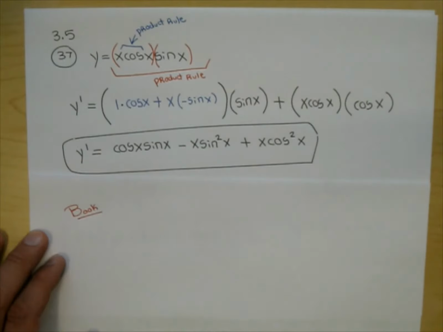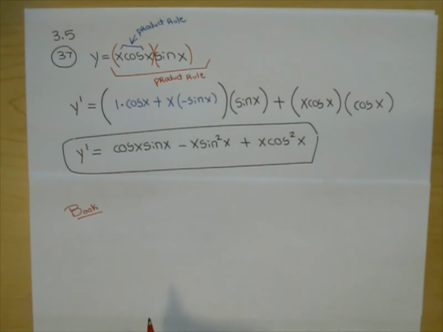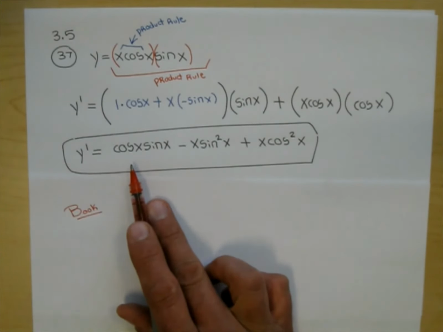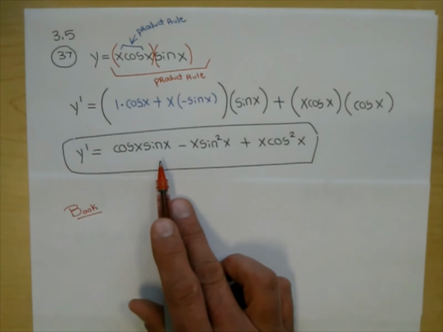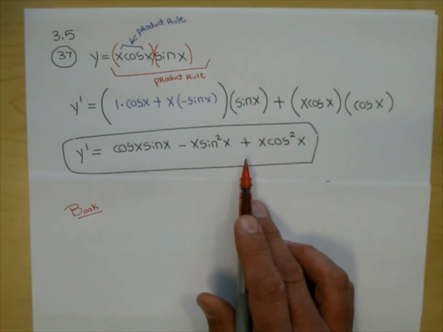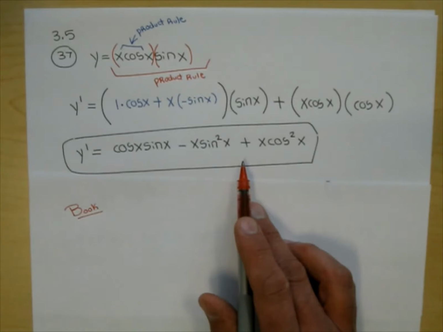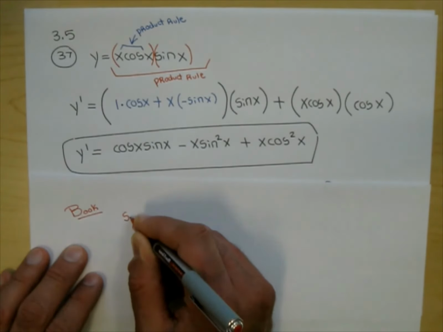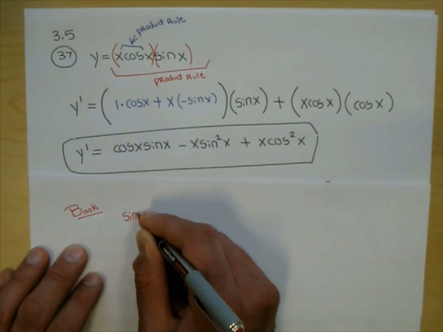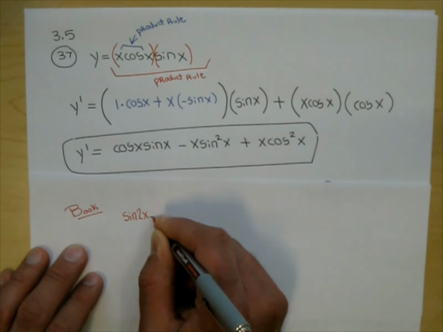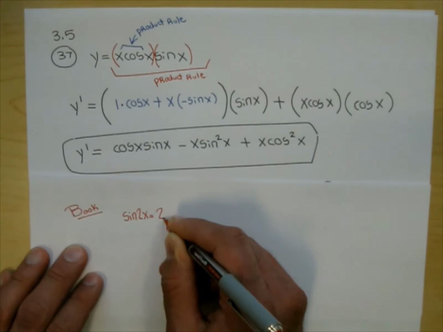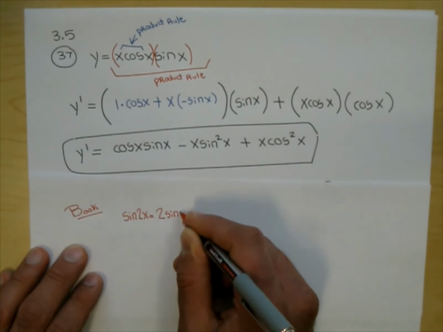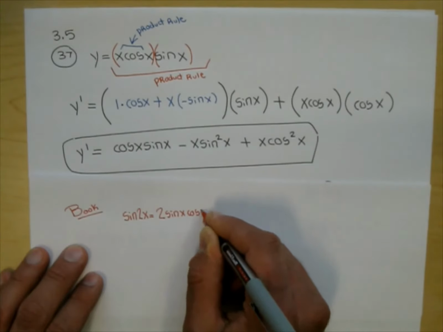So I guess what can we do with this? We have a cosine, sine, and then we have these guys right here. One identity that I think they're using is this one right here, which says sine 2x equals 2 sine x cosine x.